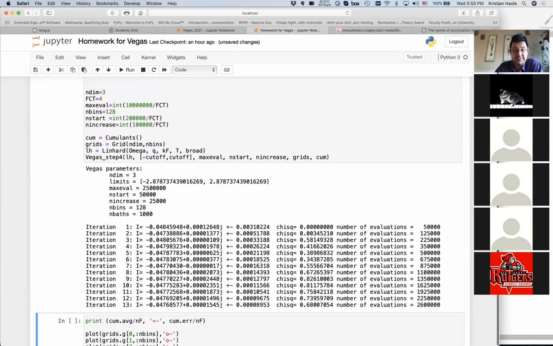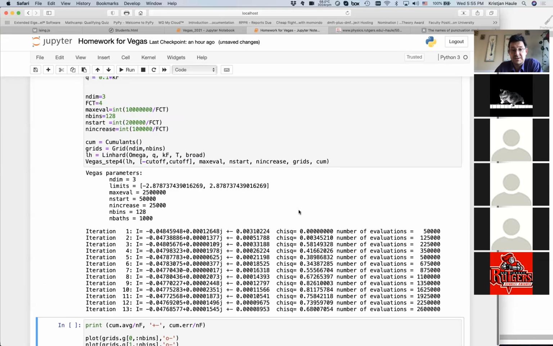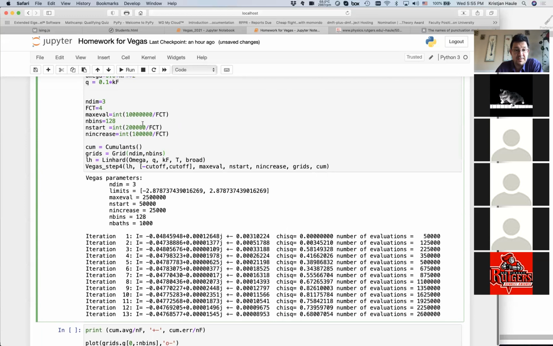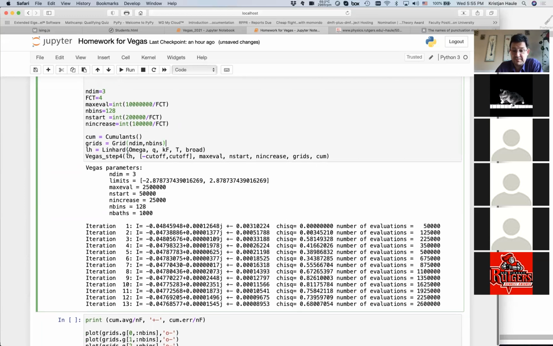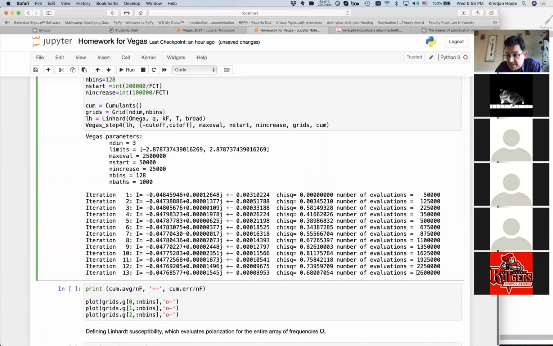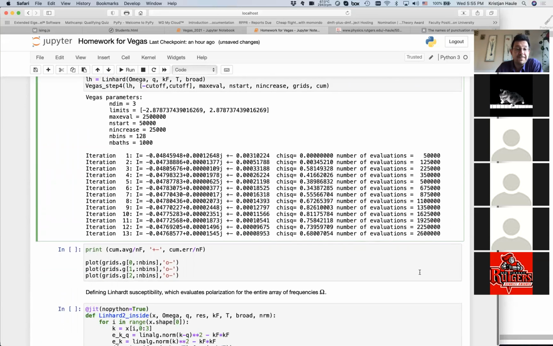it's pretty fast, even though it needs to evaluate this Slingheart function. This was with a maximum number of evaluations of roughly 2 million.